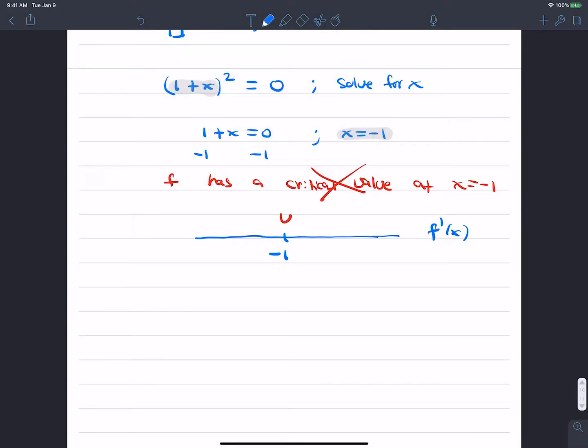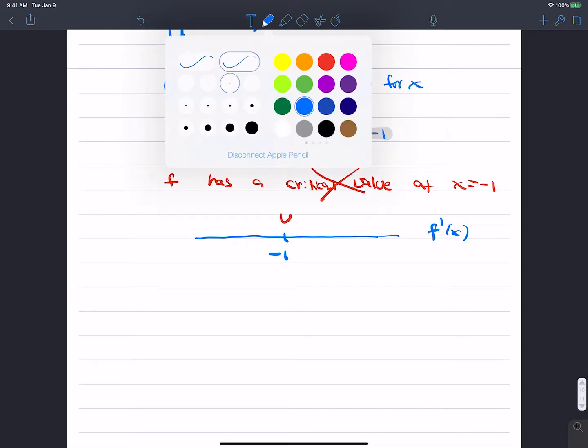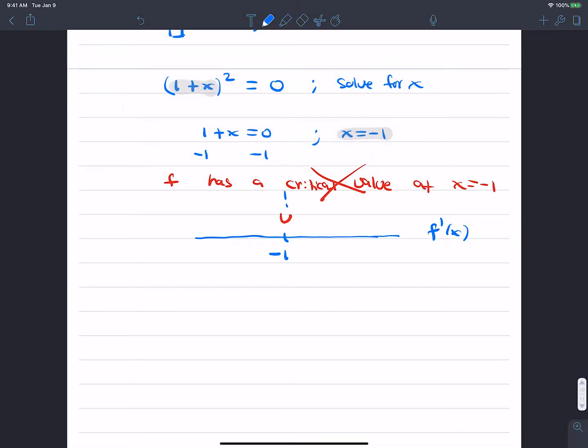And I know that what that means now is I have only 2 regions to check. Region 1, region 2. And you might say to me, and I know, I just need a test point here to the left, maybe like a -2. And I need a test point to the right, maybe like a 0 here.